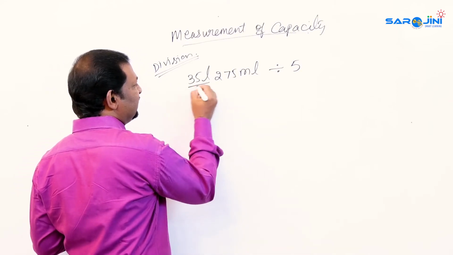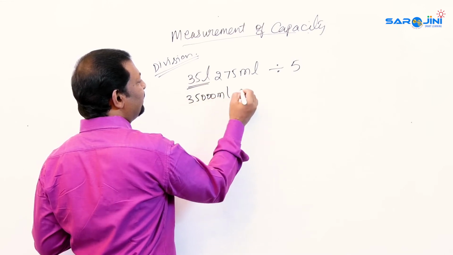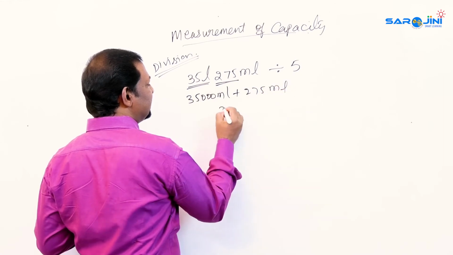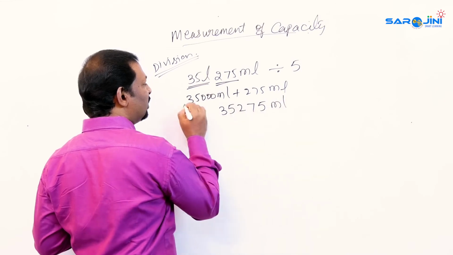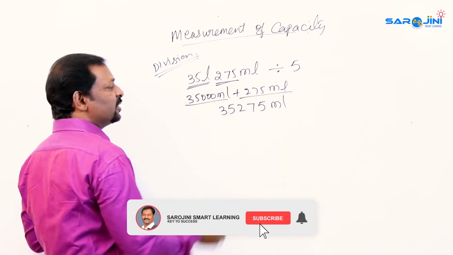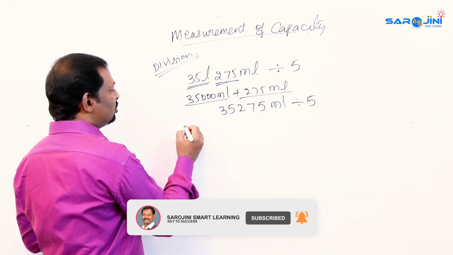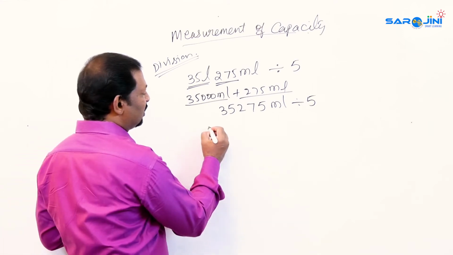You can convert 35 liters as 35,000 milliliters plus this 275 milliliters. It is nothing but 35,275 milliliters on adding this and this. So this number is divided by 5. So basic division. That we will do now.